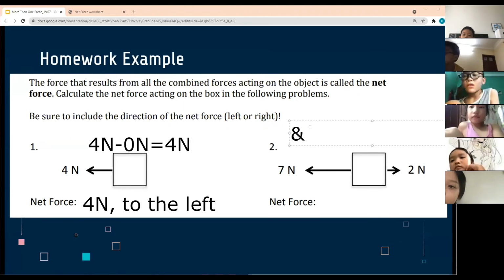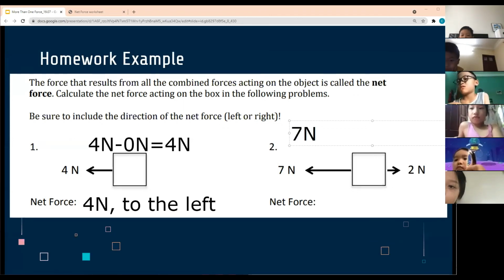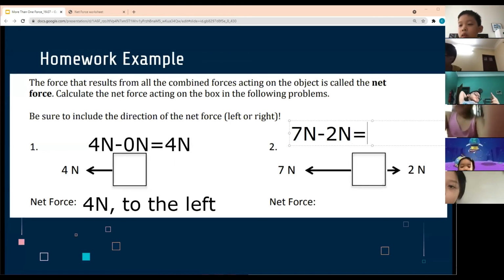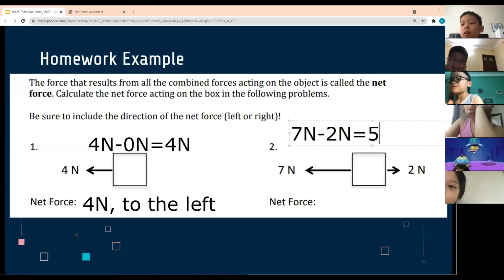So we write 7N. And now we subtract the smaller force. What's the smaller force? 2. And what's 7 minus 2? Equal 5. Very good.